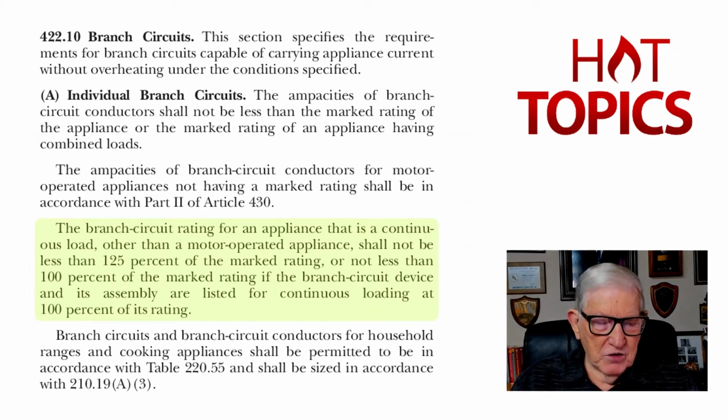Now, to save time, let's just drop down to the third paragraph, and it reads, the branch circuit rating for an appliance that is continuously loaded other than motor-operated appliances shall not be less than 125% of the marked rating, or not less than 100% of the marked rating if the branch circuit device in the assembly is listed for continuous loading at 100% of its rating.